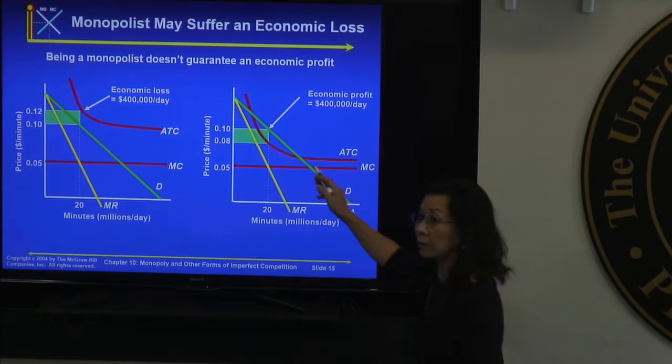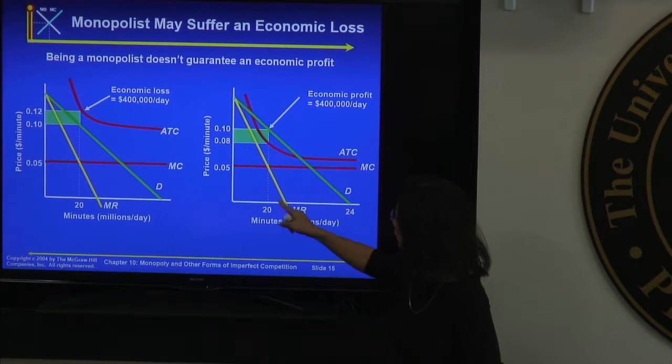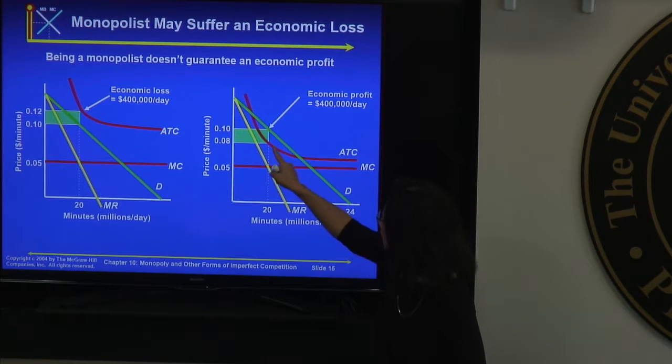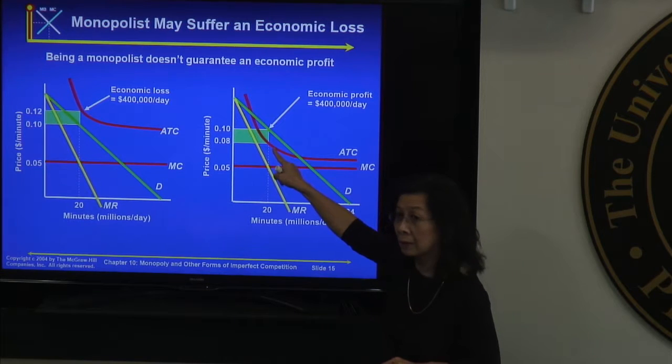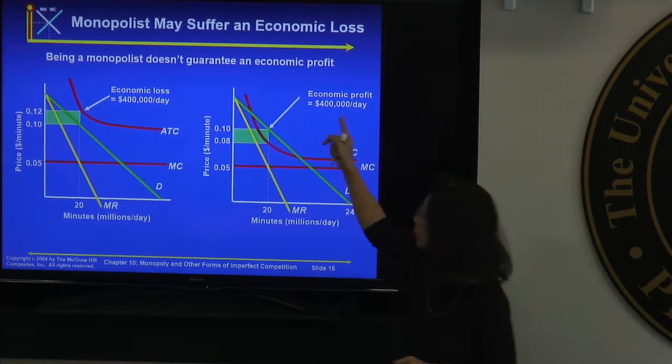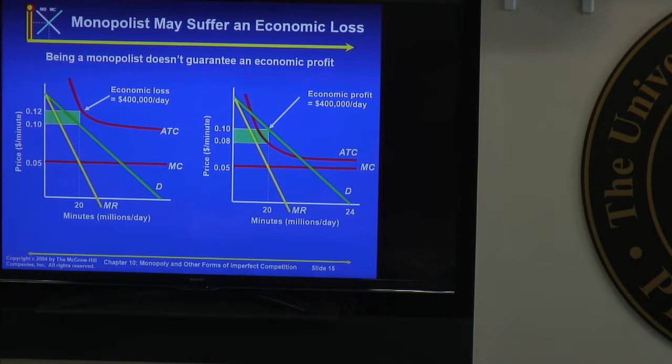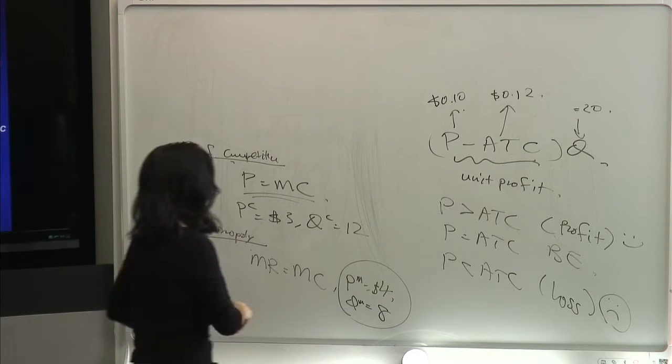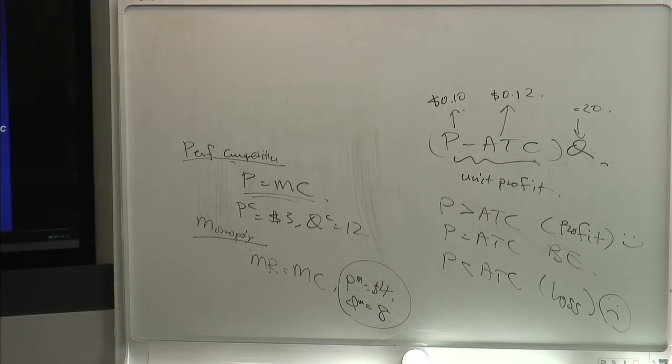Now over here, it's not so. Over here, the difference is MR cuts MC, you go up here, here's the price line, and price is $10, but the ATC is lower. So this area here is your profit. I don't want to write it down, but it doesn't matter how to calculate, because I think you know how to calculate.